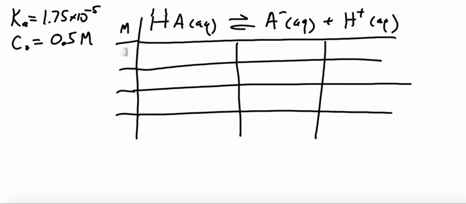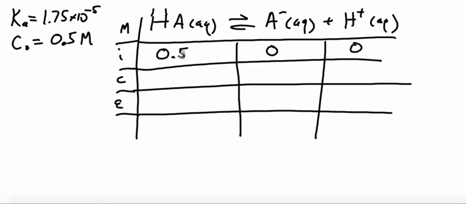All right, so we have initial, change, and equilibrium. And let's put in what those were. So initially we had 0.5 molar acetic acid before it reacted. And we dissolved this in pure water, so we don't have very much of this. So we'll say that we don't have any acetate ion yet and no hydrogen ion.